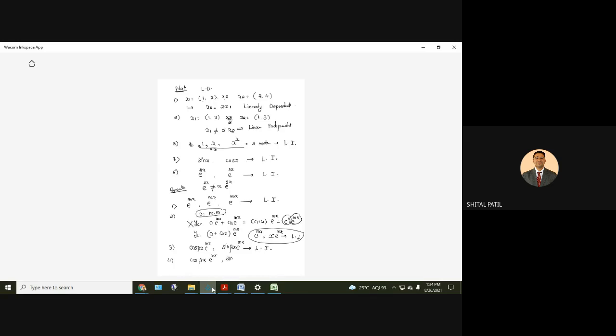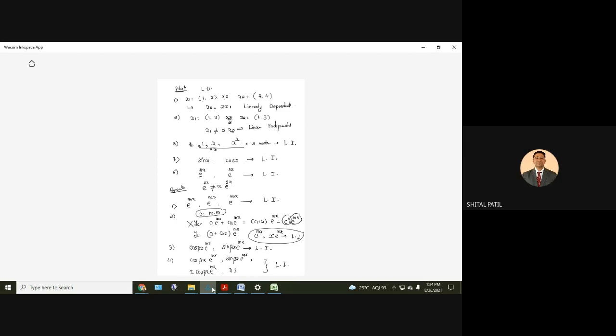These are the functions: cos of beta x e raised to mx, sine of beta x e raised to mx. Can anyone tell me what the remaining two functions are? So that I can write the linearly independent functions. You tell me the functions only, but don't tell me the constants. x cos of beta x e raised to mx.